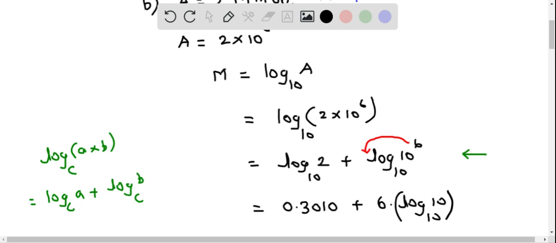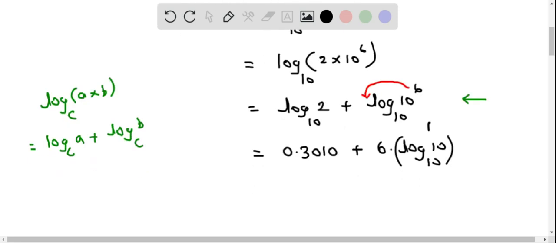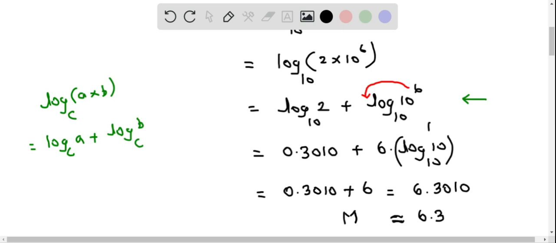We already calculated that log 10 to the base 10 equals 1. So it is 6 times 1 is 6. So therefore we have 0.3010 plus 6, and this equals 6.3010. Since we have to approximate to the nearest tenth, we say that this is approximately 6.3. So we found M equals 6.3 when A equals 2 million.